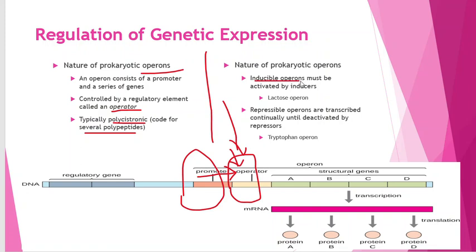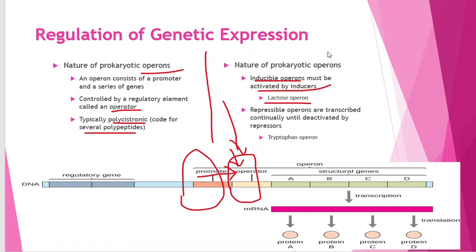The inducible operons must be activated, and that's what they call this lactose operon. So normally bacteria don't make lactase, the enzyme to break down milk sugar. Only if there happens to be milk sugar around will they use that.